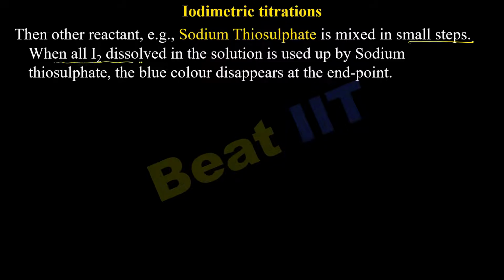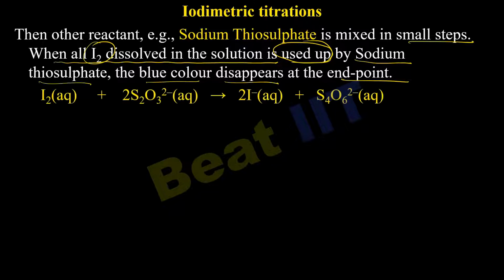When the iodine dissolved in solution is used up, there is no iodine, and by sodium thiosulfate the blue color disappears at the end point, and that signals the end of the reaction, and we can calculate the amount of iodine used and hence the sodium thiosulfate used. How we do that I will explain through steps.